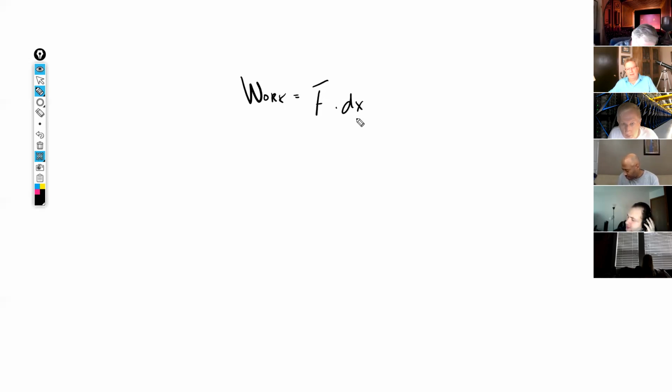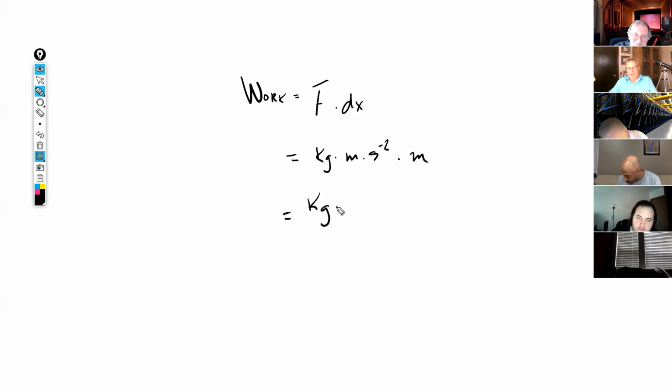Distance. And this distance is really a change in location. So a force is a Newton, which is a kilogram meter per second squared, times a meter. So work is kilogram meters squared per second squared. There are your SI units for work.